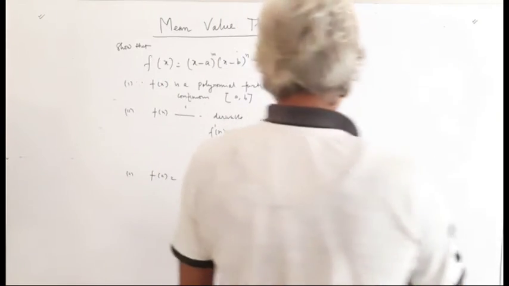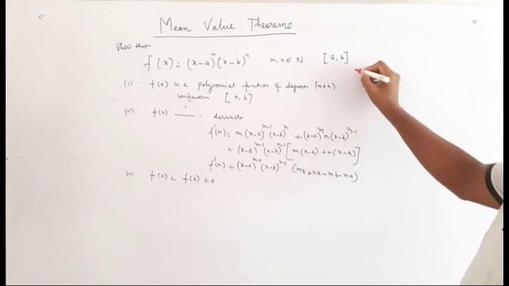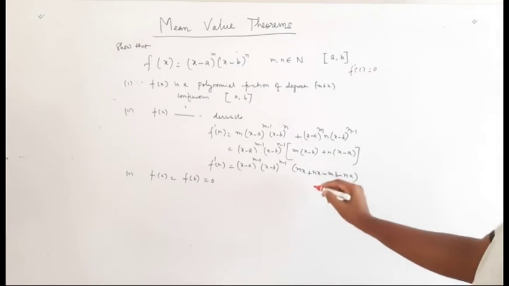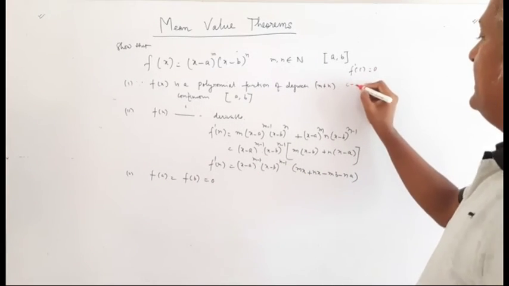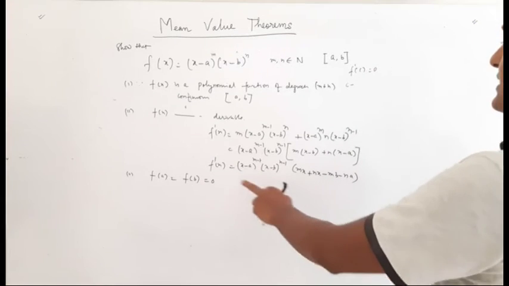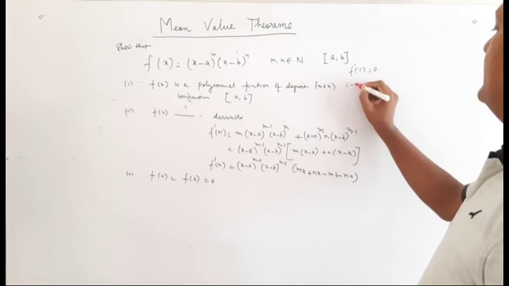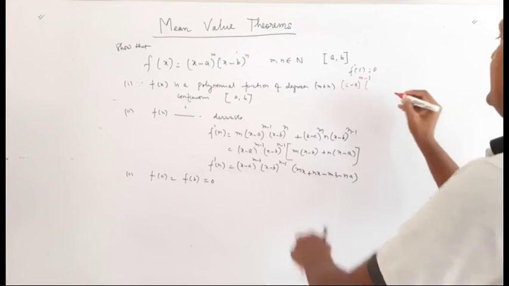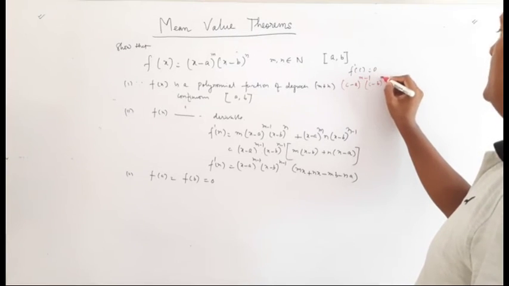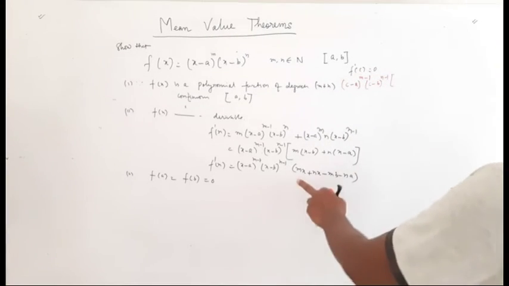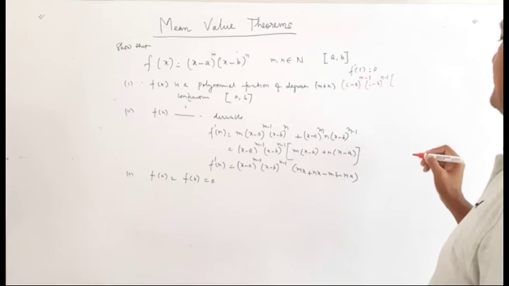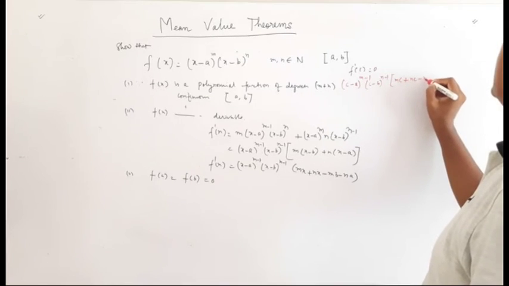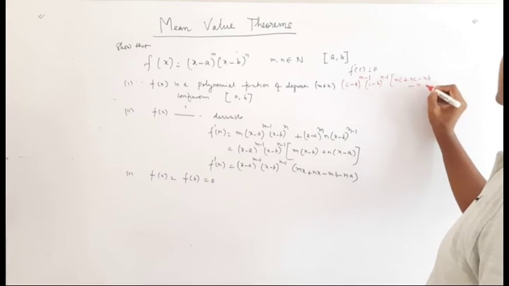So we have already found f dash x. Now we have to see what setting f dash c equal to 0 gives. So f dash c will be (c minus a) whole to the power m minus 1, and then (c minus b) whole to the power n minus 1, and this is mc plus nc minus mb minus na.